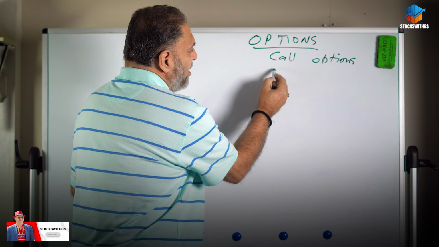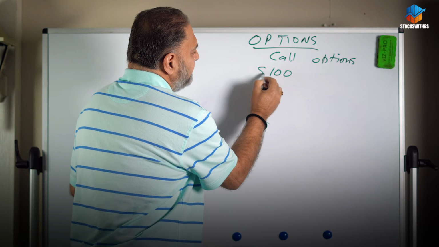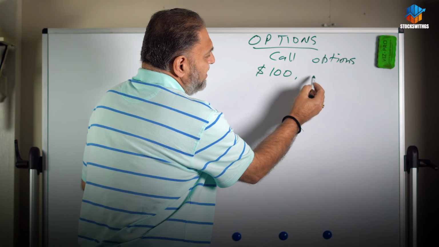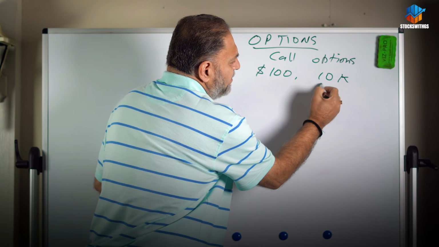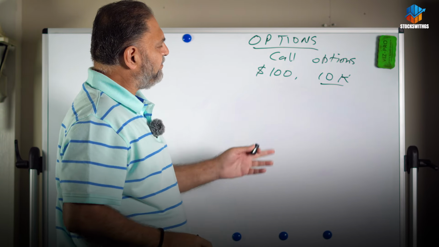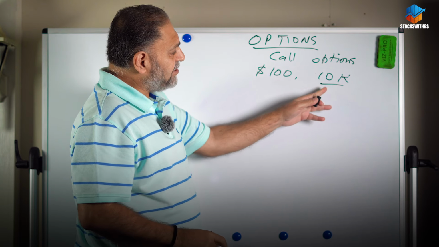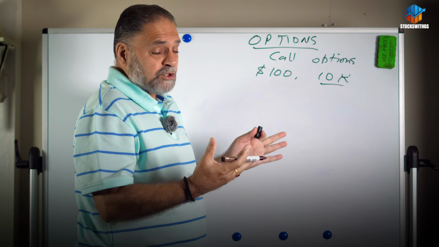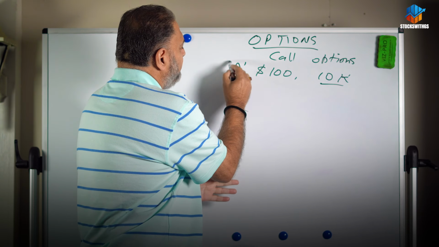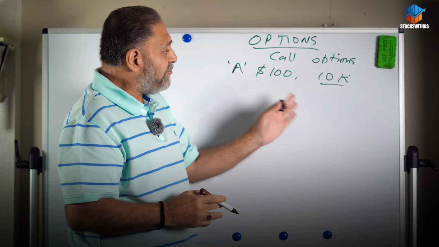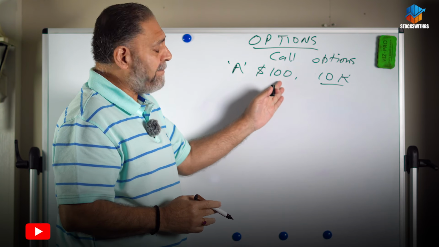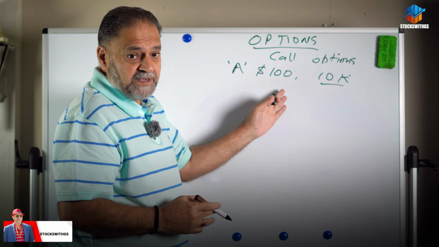Suppose you buy a stock for $100 and you spend $10,000 for 100 shares. $10,000 is your investment. Company A. So what happens? You wait for the company price to go up so that you make money.